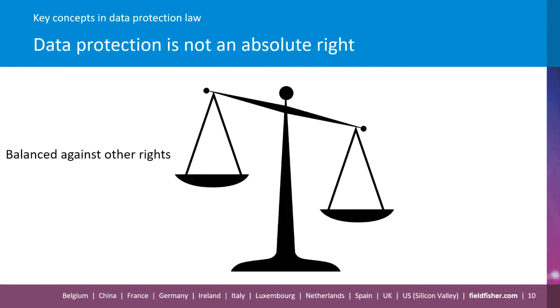One thing that's really important to remember about data protection law is that it is not about absolute rights. Data protection isn't an absolute right. It has to be balanced against other rights.